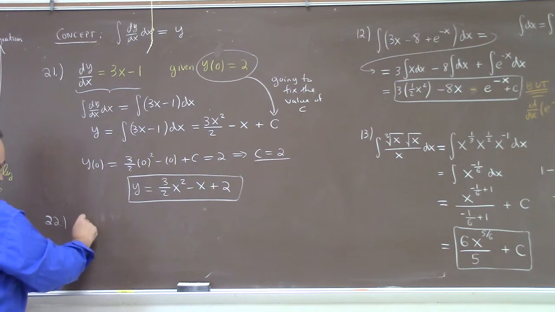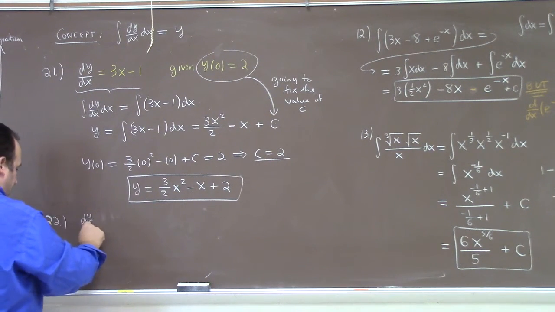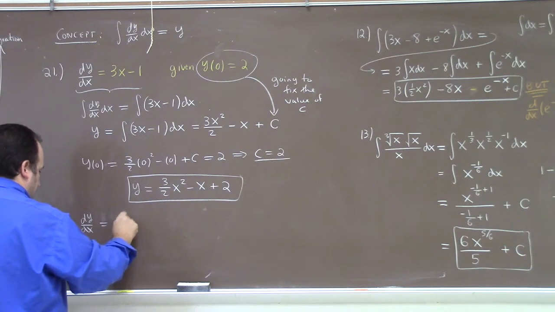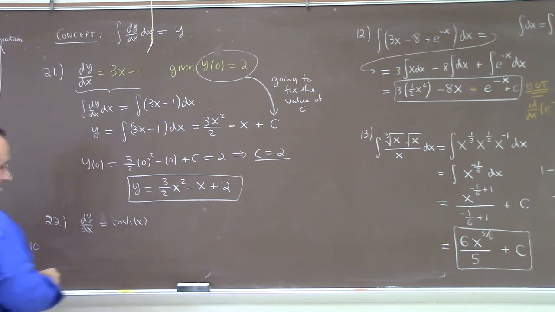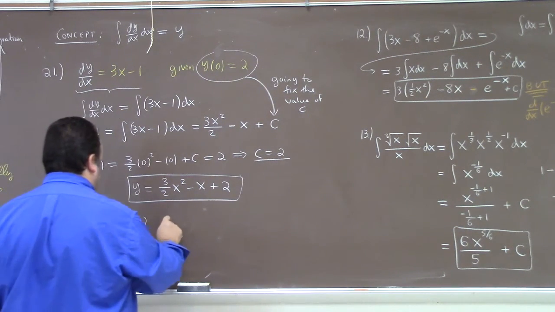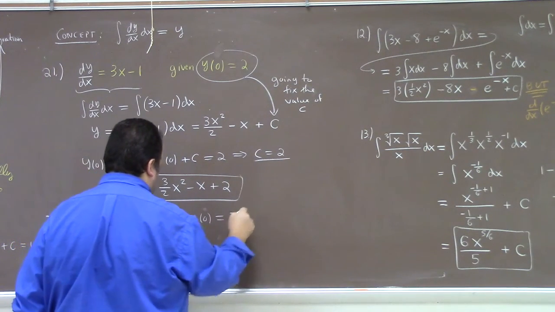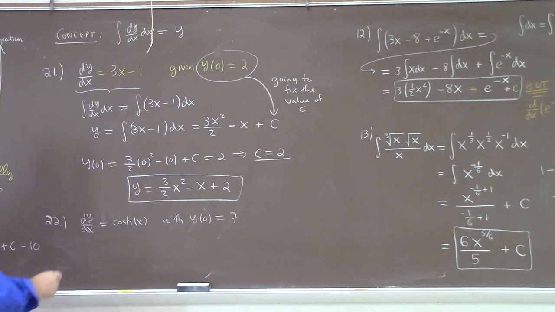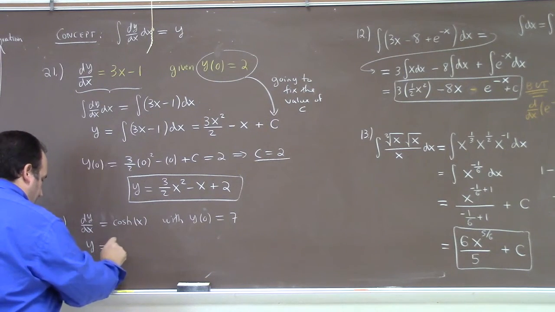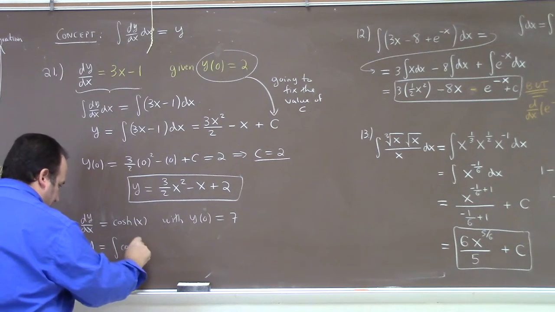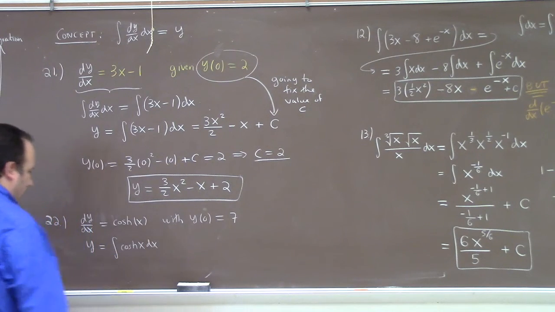22, I've got dy/dx equals cosh of x, hyperbolic cosine, given y of 0 is 7. So we have y is the integral of cosh x dx, right?